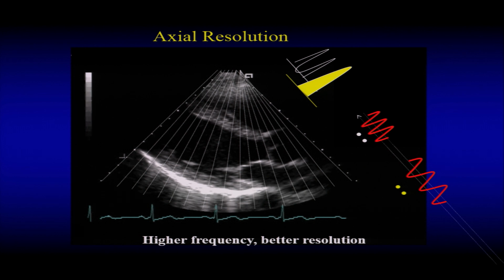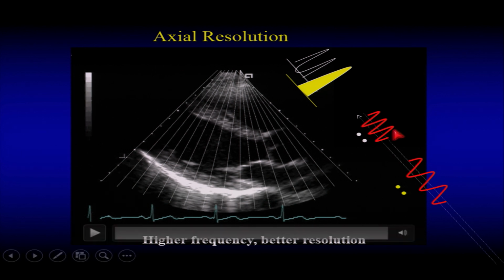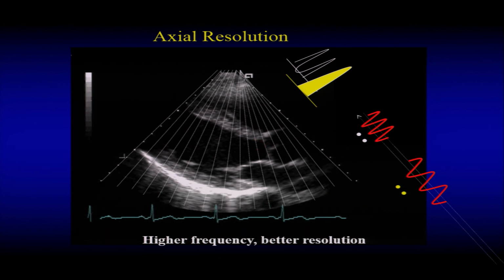Whereas if you use a higher frequency, that comes with an ability to separate these two, and therefore these two dots are separate. So number one, for a good, nice resolution, use as high a frequency ultrasound as you can get.